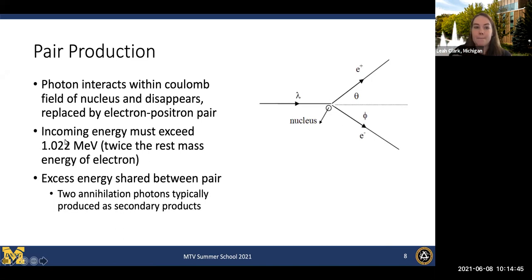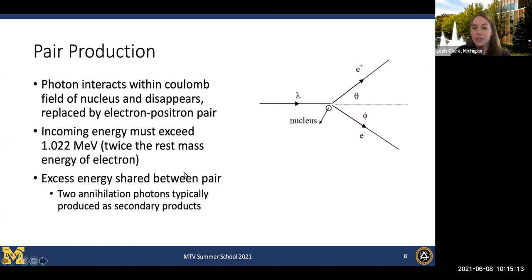Now, for pair production, the incoming energy has to be greater than twice the rest mass energy of the electron. So there is a minimum threshold of 1.022 MeV that it has to have in order to even be able to occur. Because of this, pair production is more likely to occur when we have these higher energy incident gamma rays coming in.